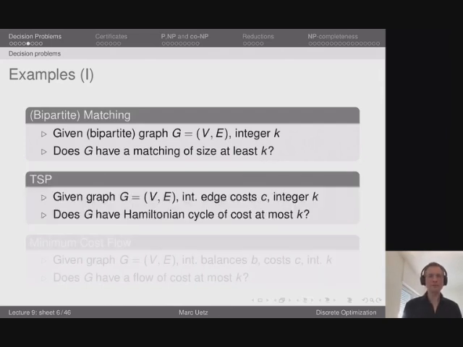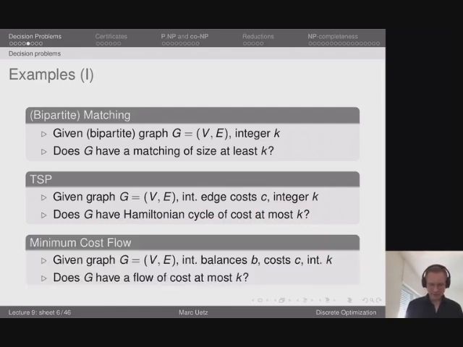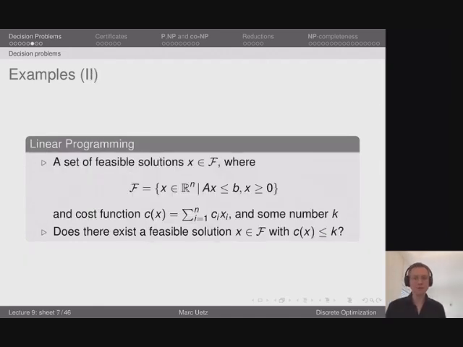In the traveling salesman problem, we would partition the set of instances into those that do have a Hamiltonian cycle of cost at most k and those that don't. And also for minimum cost flow, the same thing. Does a given flow network have a feasible flow of cost at most k? Yes or no? Same for linear programming, for instance.